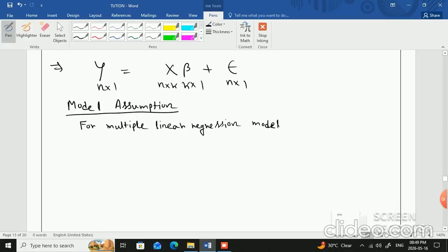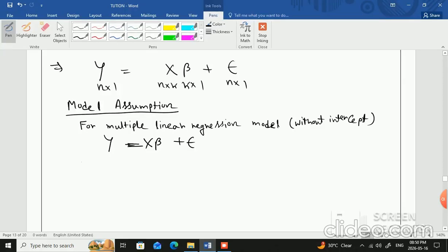For the multiple linear regression model without intercept, the model will be y equal to X beta plus epsilon. This is the without intercept model. So the order of matrix y is n cross 1, order of matrix capital X is n cross k, order of matrix beta is k cross 1, and epsilon is n cross 1.